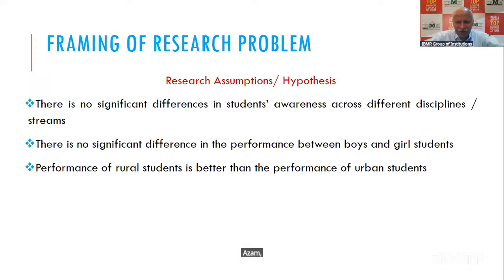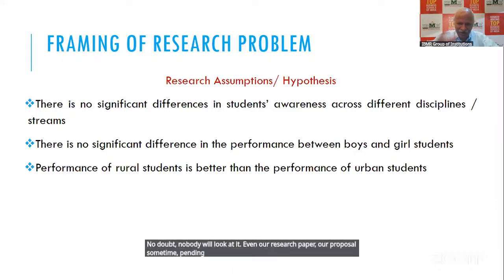Research issues and questions should be reflected in the hypothesis, and hypothesis should be reflected in objectives. This care one has to take. No doubt, nobody will look at it. Even our research paper or proposal, sometimes funding agencies will look into, but otherwise for our doctoral thesis, hardly people look very specifically at whether it is reflected or not.